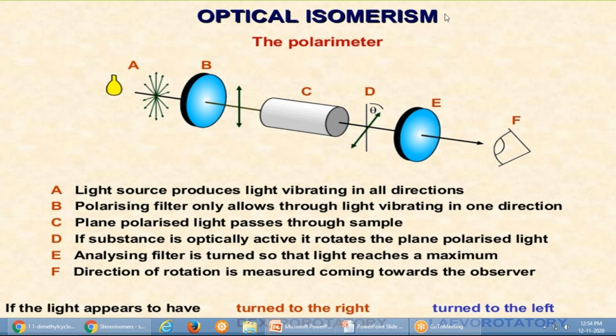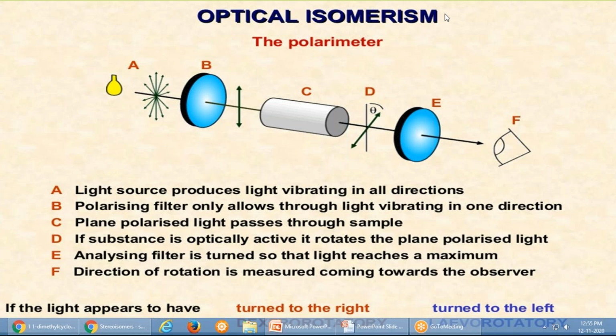After that we have an analyzing filter. This analyzing filter is turned so that light reaches the maximum. You can clearly see which side the light is bent.